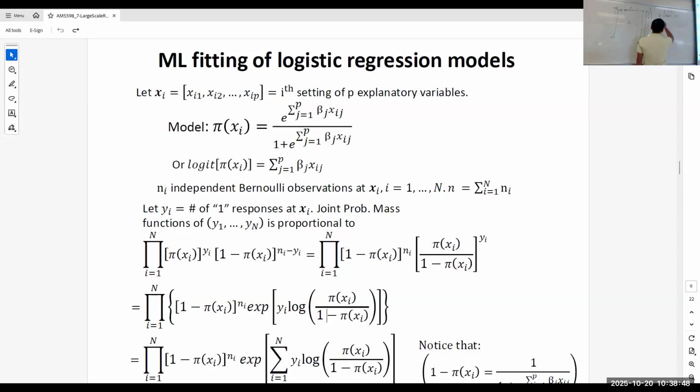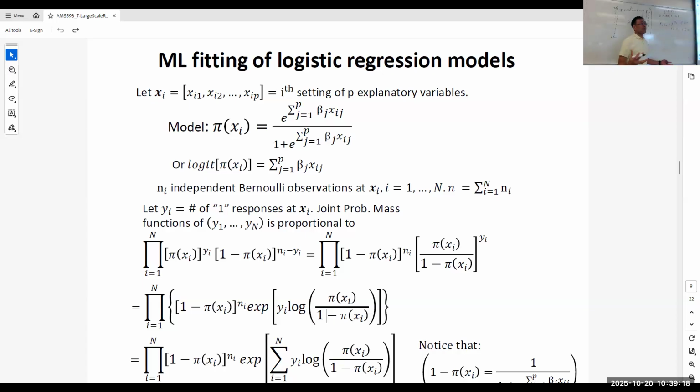The probability of yi can be described like this: it equals pi i if yi is equal to 1, and it equals 1 minus pi i if yi is equal to 0.